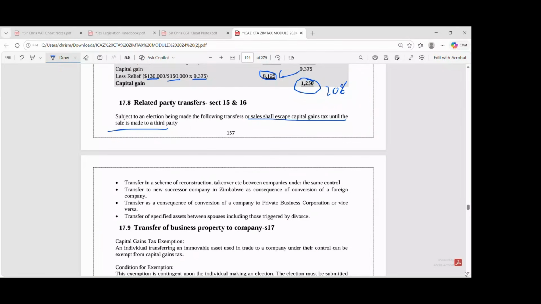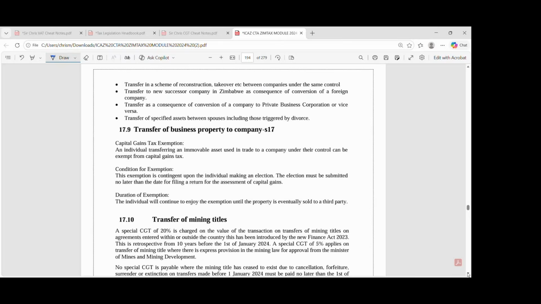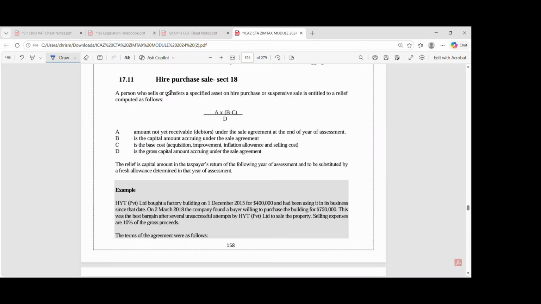Then another critical thing, I want to go still on relief. The last question on relief. Let's say there is a hire purchase. So what's a hire purchase? I bought an asset, but I'm going to pay for that asset in installments, maybe over 3 years' time.